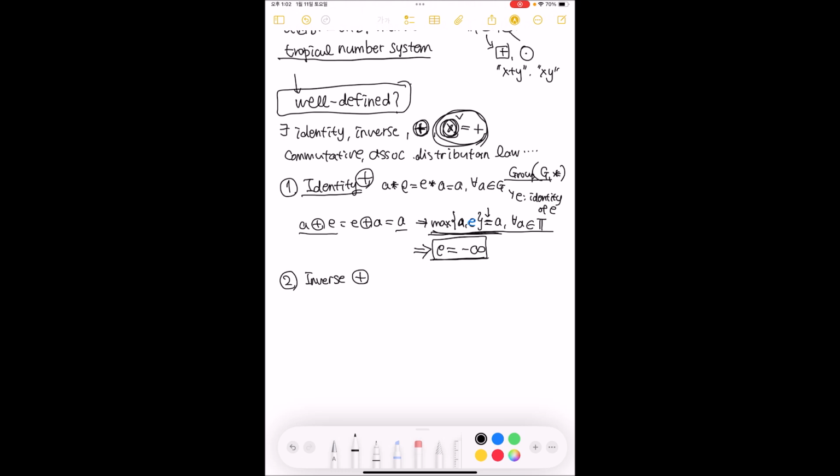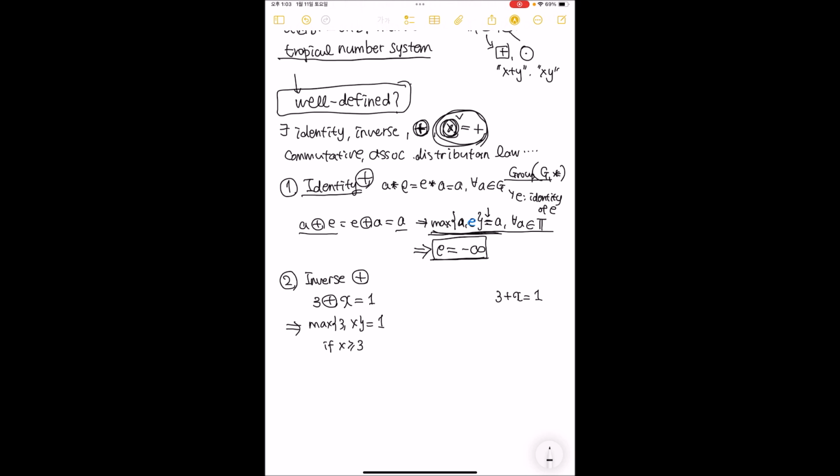When we solve the tropical summation equation here, and compare it to the linear equation, as you know, the definition is here.